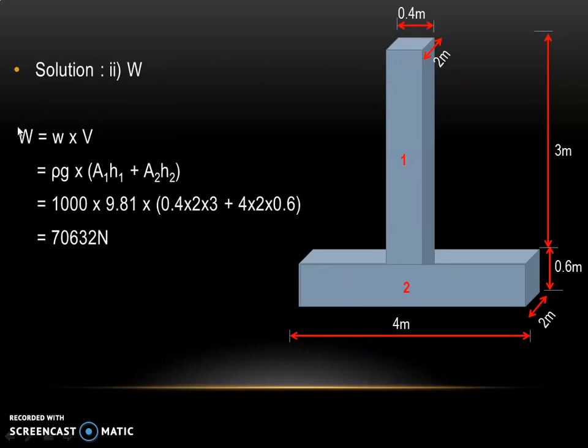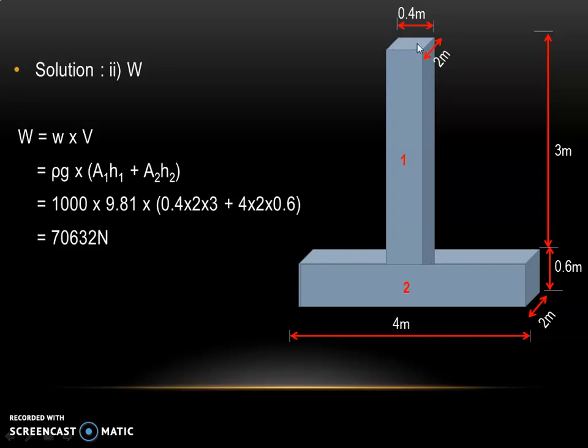Now we need to find the weight of the liquid. For that we have the formula specific weight into volume. As specific weight is weight by volume, we write weight of the liquid as specific weight into volume. Specific weight is rho into g. To find volume, we will divide this tank into two portions, 1 and 2. We find the volume for the first portion, that is A1 into H1.